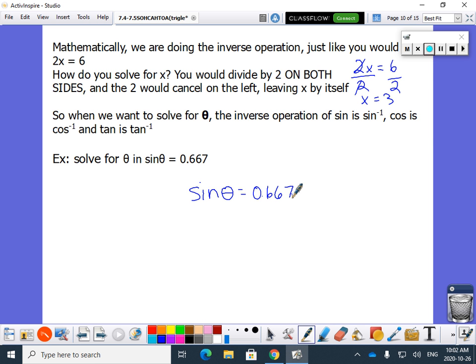Okay, so in order to get theta, we always have to do the inverse operation. In order to get rid of sine attached to theta, because we want theta by itself, that's what we're solving for, then you are going to multiply the left side by the inverse operation. What you do to the left side, you have to do to the right side.